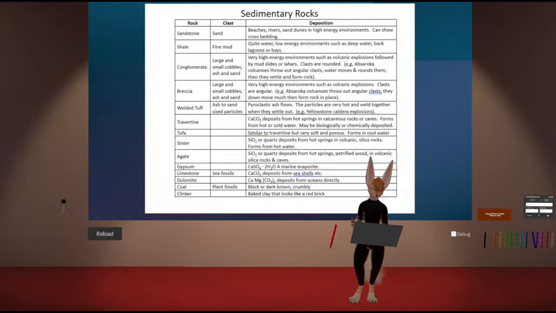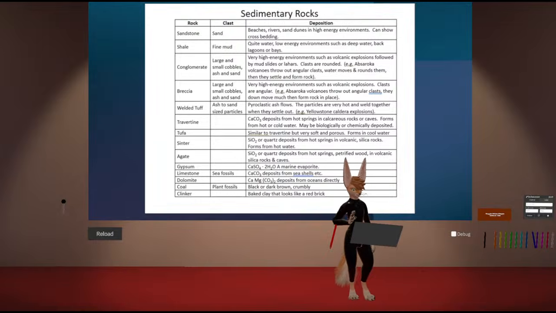Shale: the clasts are fine mud, in low energy environments such as deep water, lagoons, or bays. Conglomerate: large clasts and small cobbles, ash, and sand come from very high energy environments such as volcanic explosions, like from the caldera events. And we have other sedimentary rocks: welded tuff, sinter, agate, gypsum, limestone, dolomite, coal, and clinker.